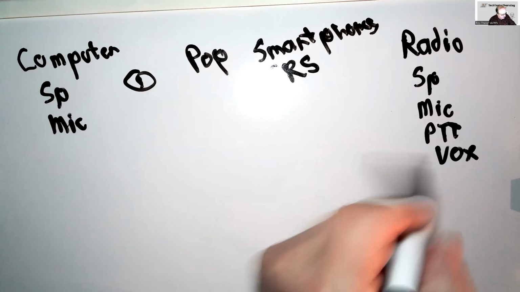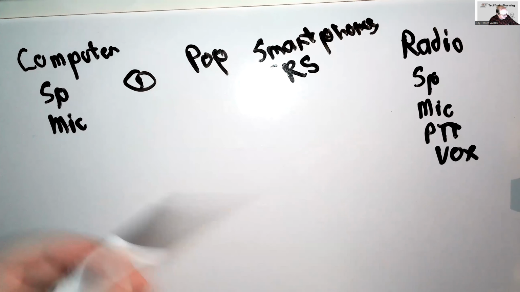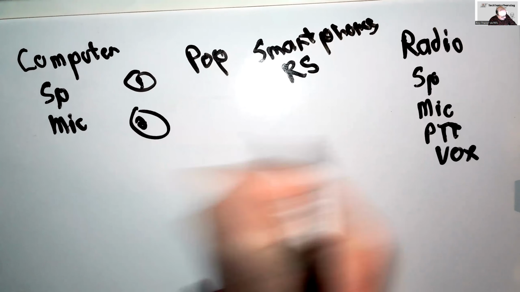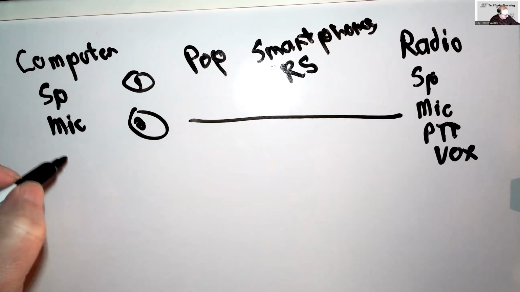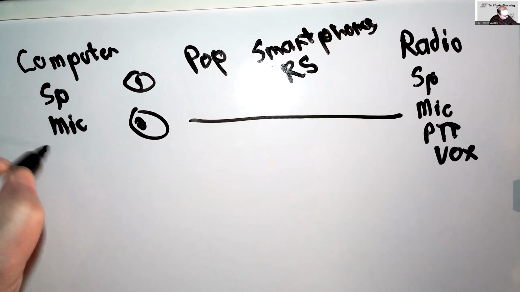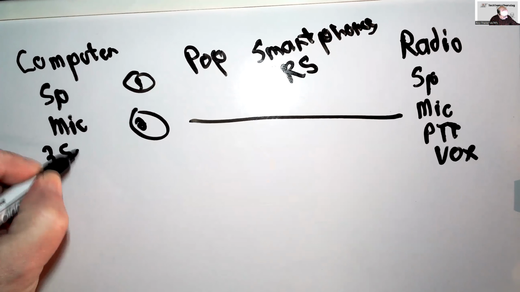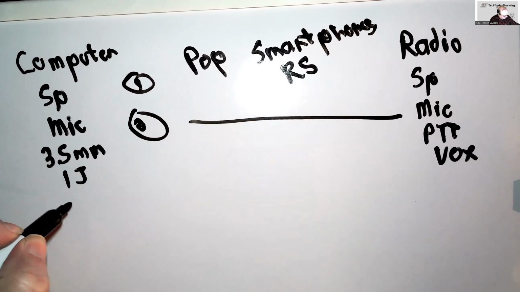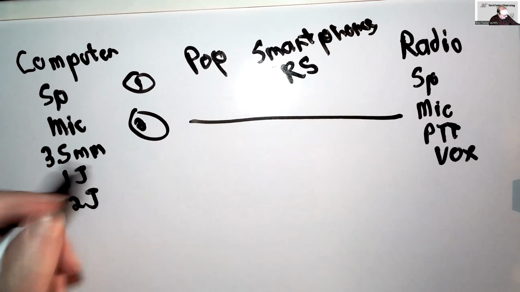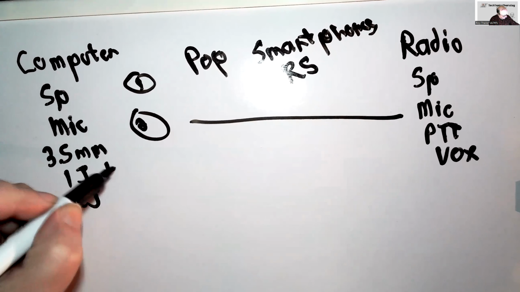Now, the second method is to connect a cable between the two. What usually happens is that in the computer, you probably have a 3.5 millimeter, and you either have one jack or two jacks. This is probably going to be a 4-pole.